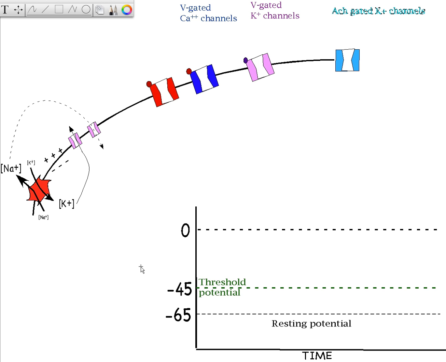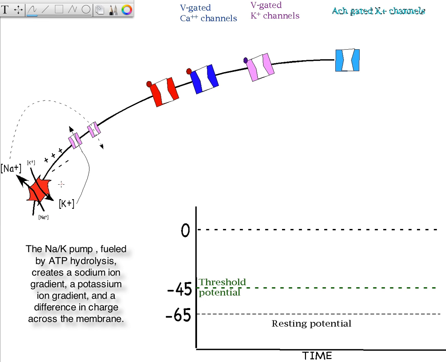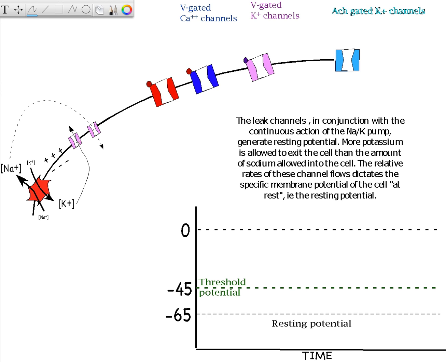So to start out, we have to remember that the membrane potential of the cell exists at all because the cell spends lots and lots of its energy, a high fraction of its energy, pumping sodium out, pumping potassium in, and thereby setting up a gradient of charge across the membrane. Now, the degree to which that membrane difference is allowed or reinforced is the job of the leak channels.